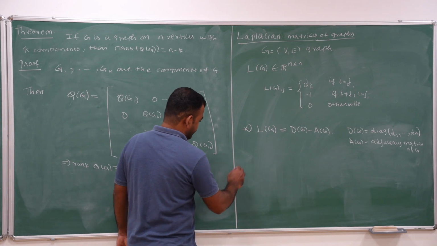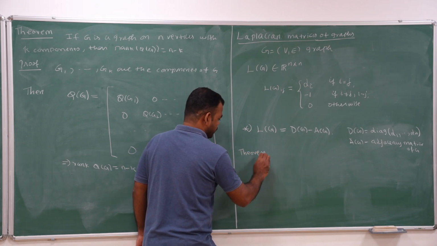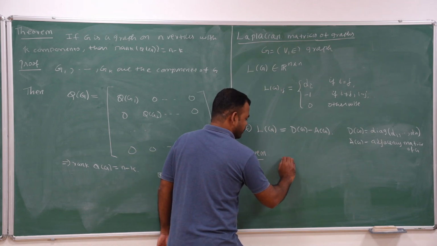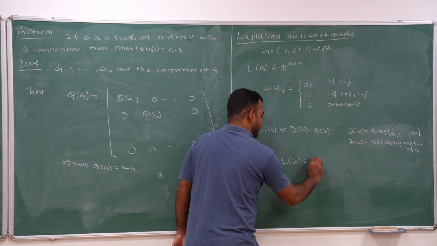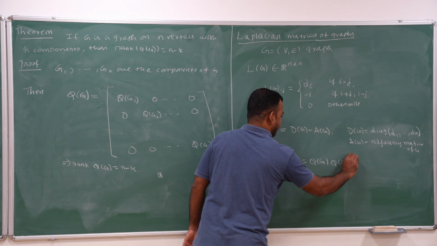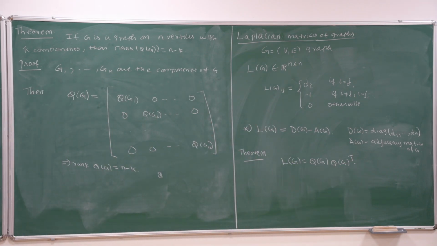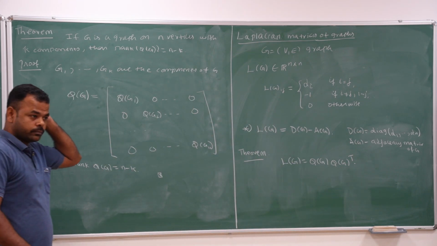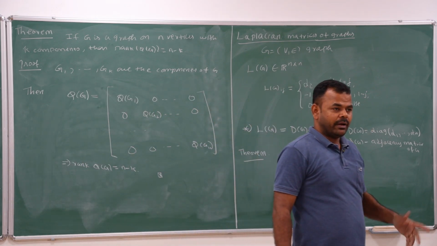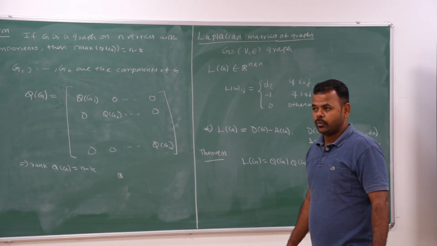So the first result I'm going to prove is kind of easy to see. For any graph G, the Laplacian of G is given by Q of G times Q of G transpose. It's an n by n matrix. Again, I will show only for one row or one column, then the rest you can prove on your own.